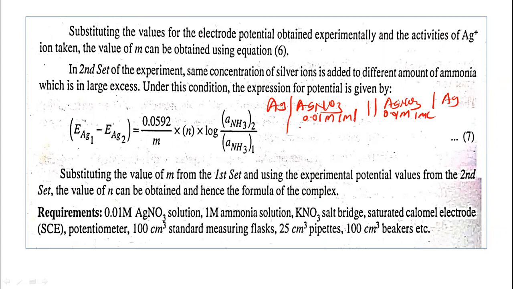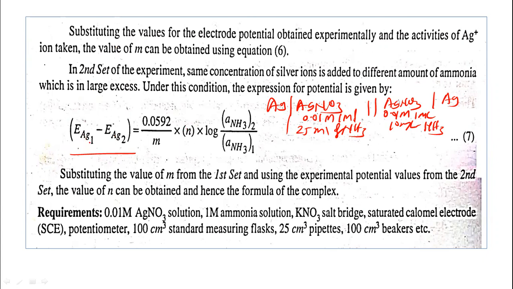Suppose we take 25 ml of ammonia here, and here 10 ml of ammonia, NH3. So the concentration of the ammonia will be changing and the concentration of the silver nitrate will be the same. As with the above equation, we can obtain this equation also. In this equation, there is an n value.